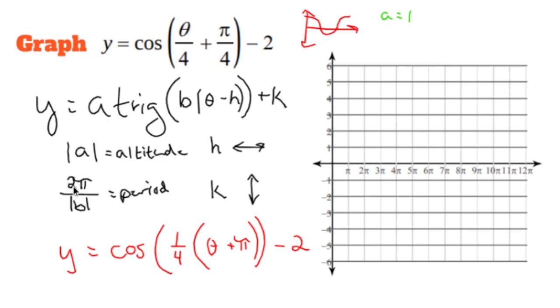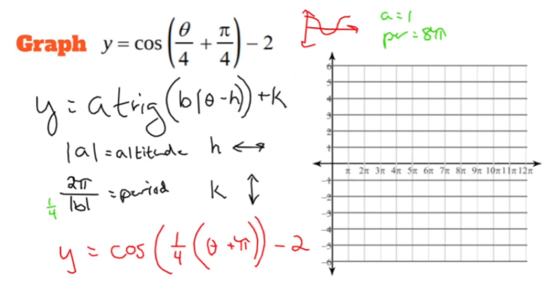Now, if I take 2 pi over 1/4, over 1/4 means I have to multiply the top and the bottom by 4, giving me a period of 8 pi. Which is why this graph that I stole from CUDA software is so long.